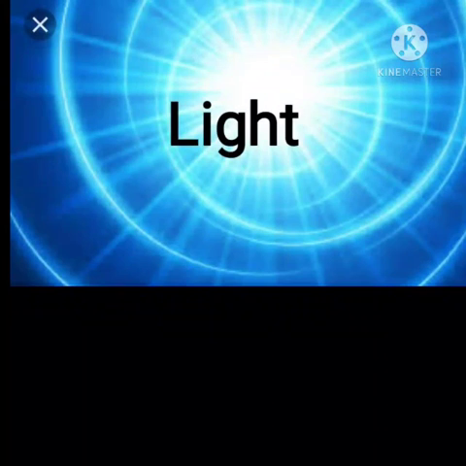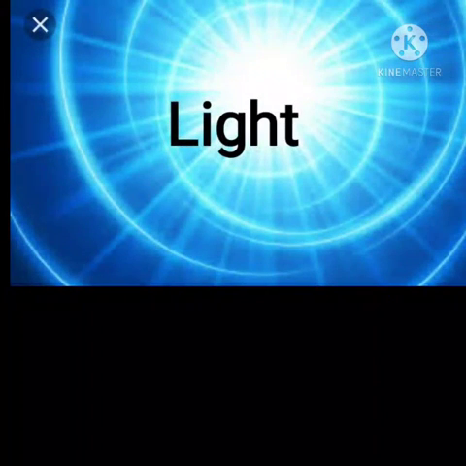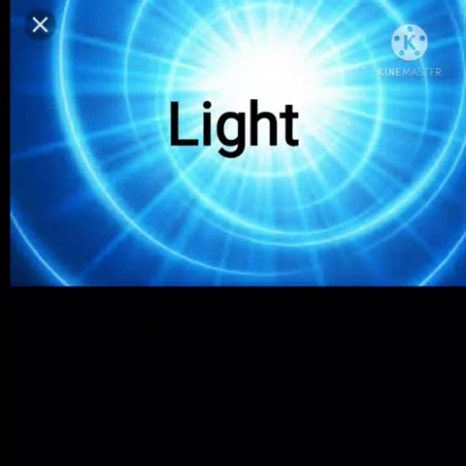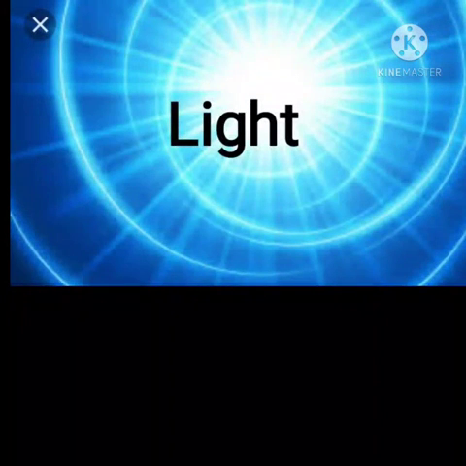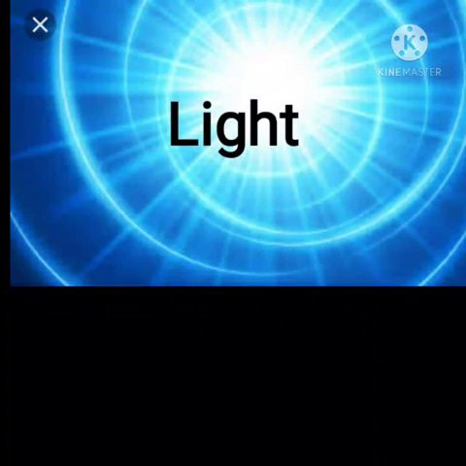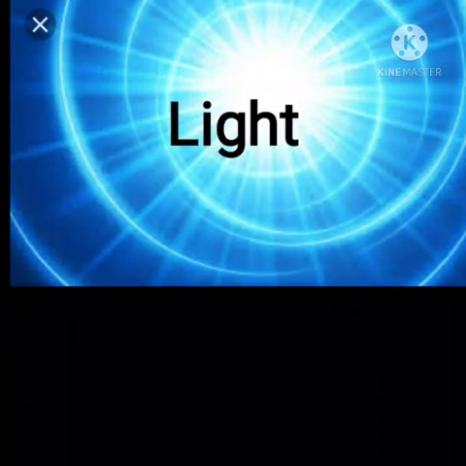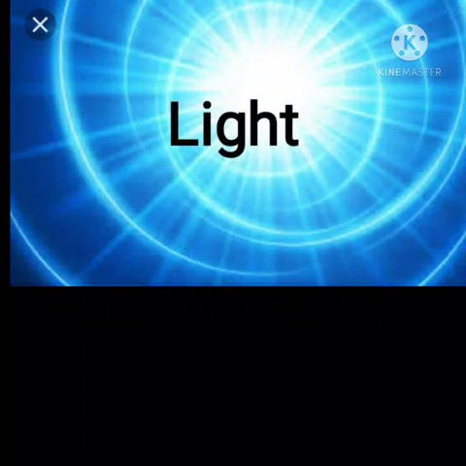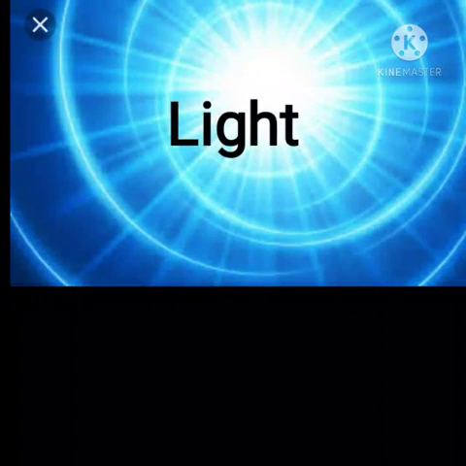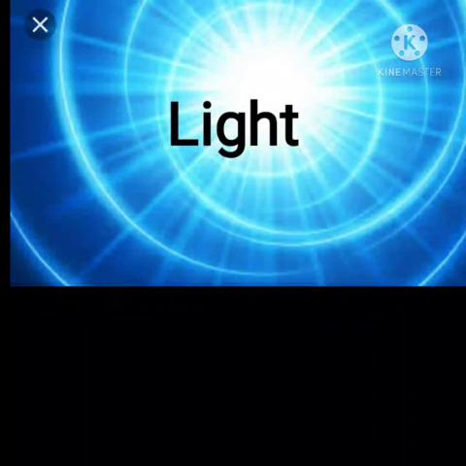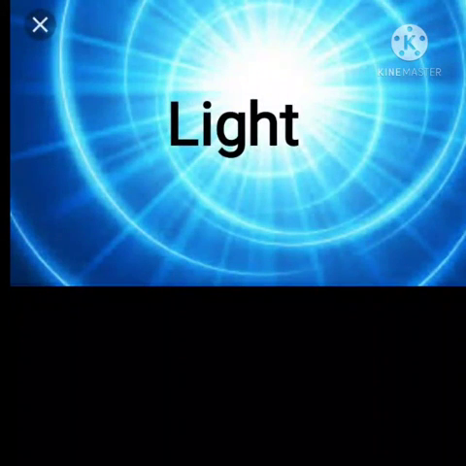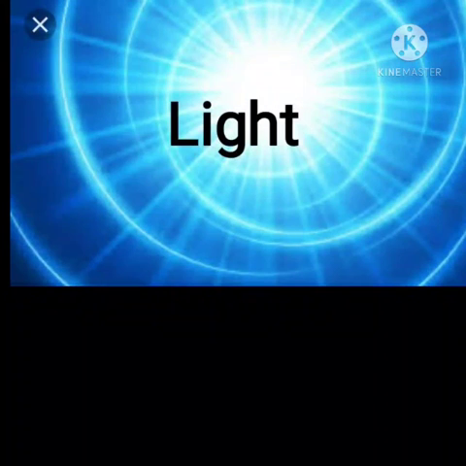But during the night or in a dark room, we need some source like an electric bulb, street light, or a torch to make objects visible. Any object that produces light is called a source of light.